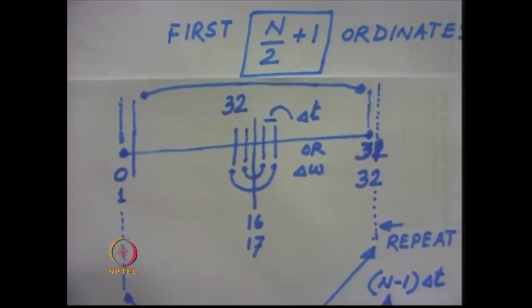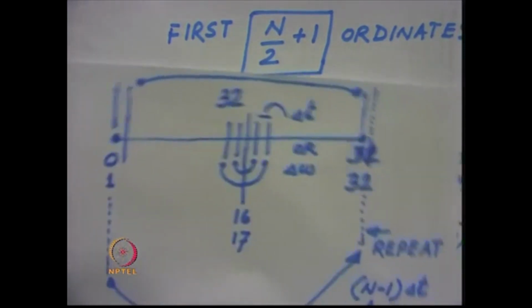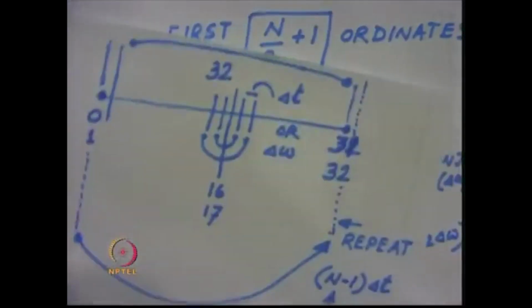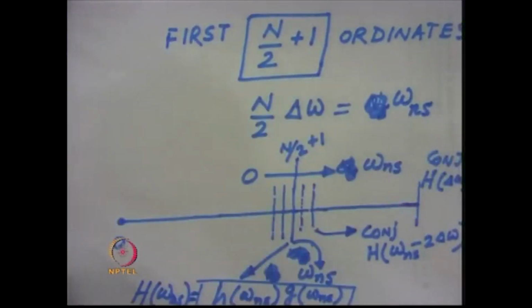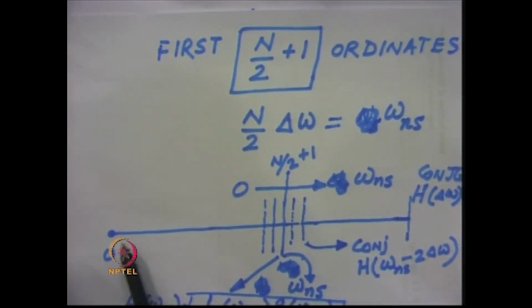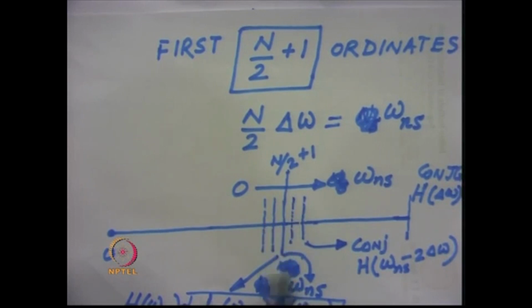The FFT would provide the 32 numbers of complex quantities, and out of those 32 complex numbers, we choose the first N by 2 plus 1 ordinates, that is the 17 ordinates we choose. So, this is your N by 2 plus 1 ordinate over here, and the Nyquist frequency or the cutoff frequency is equal to omega ns.